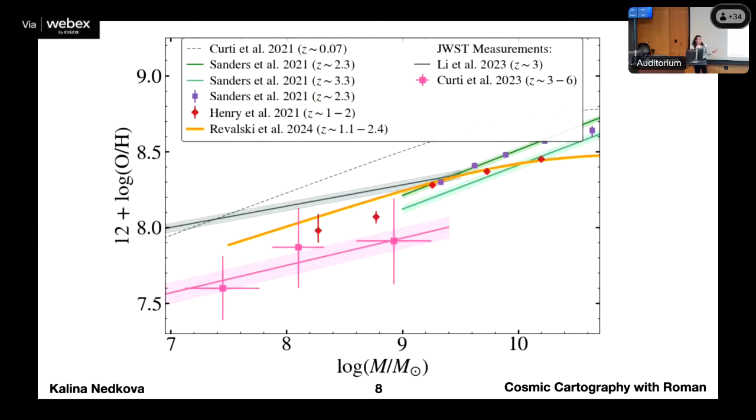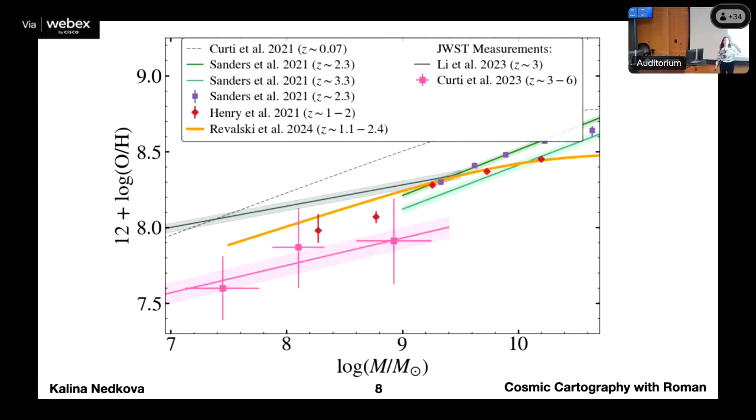So all of this is very important because if we look at the literature and we look at non-JWST results up here in the high mass end, and we compare these to recent JWST results, shown here in pink and black, what you see is two things. First, you see a shift in the relation on the y-axis. This is mostly driven by different redshift ranges that are explored in these works.